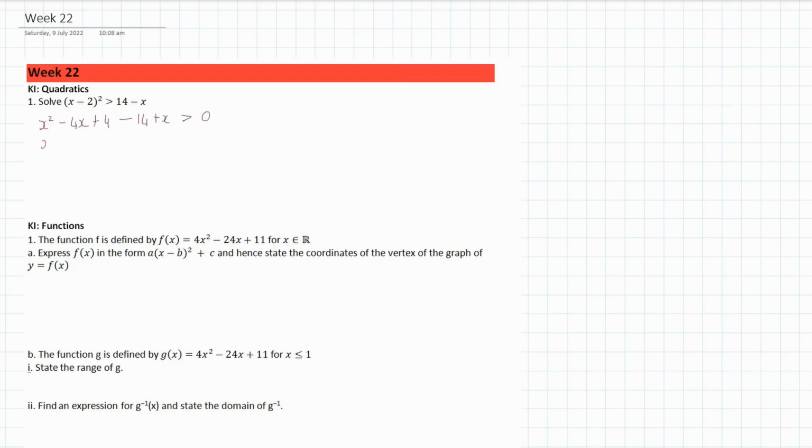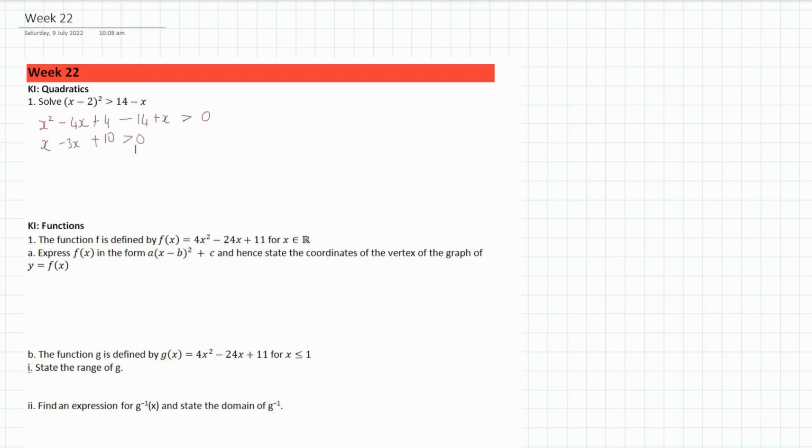Now I gather all my like terms. I get x squared minus 3x, I guess, and then I've got plus 10 is greater than 0.